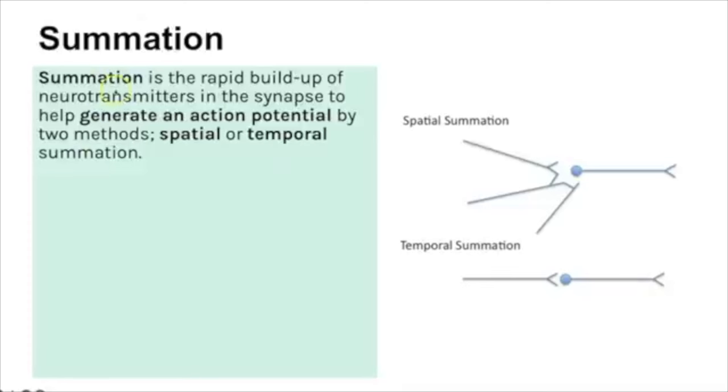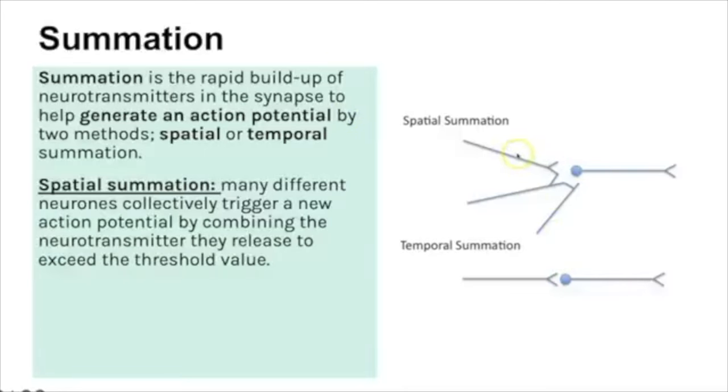Summation is referring to the fact that you have this rapid buildup of neurotransmitter to generate the action potential, and you can either have spatial or temporal. Spatial is when you have multiple neurons connecting to the same postsynaptic neuron. And collectively, these three neurons in this example should release enough neurotransmitter to cause enough of those sodium ion channels to open on the postsynaptic neuron.